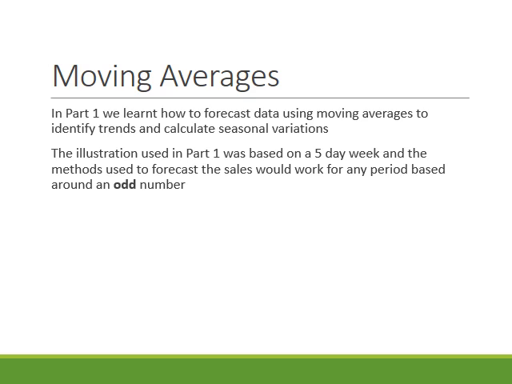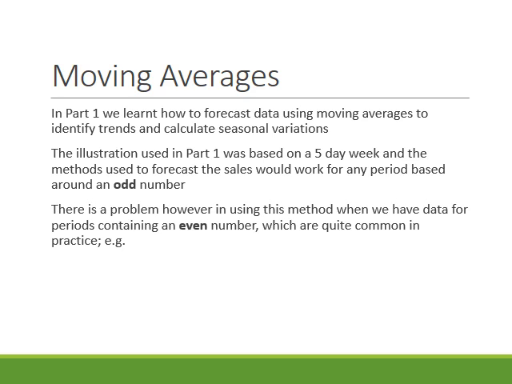The illustration that we used in part 1 was based around a 5-day working week, and the methods that we used in part 1 are going to work for any period that's based around an odd number, so whether that's a 5-day week, a 7-day week, or whatever.